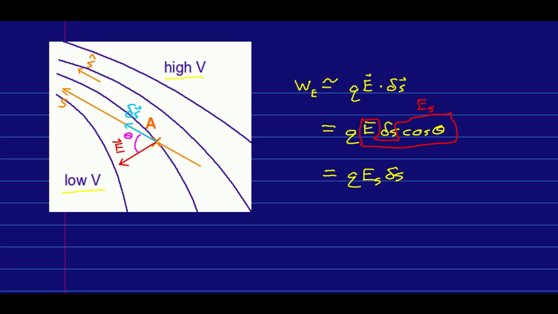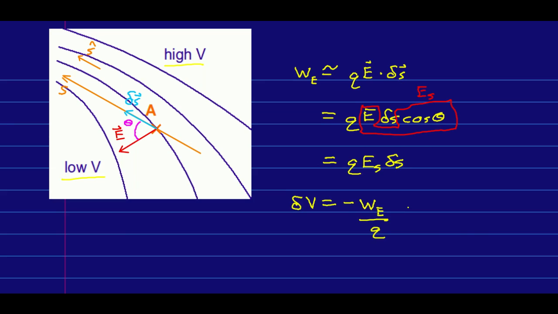The potential from A to the end of delta S will have changed by some small amount that I'll call delta V, and that would be equal to the negative of the electrostatic work done on the particle divided by the charge on the particle.